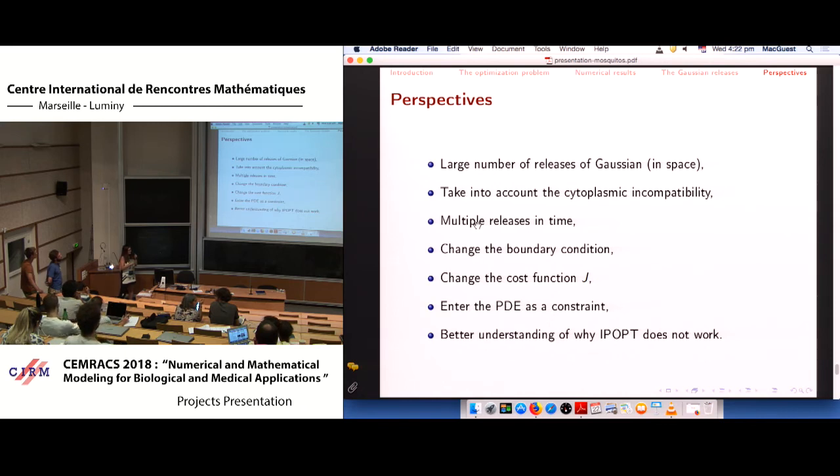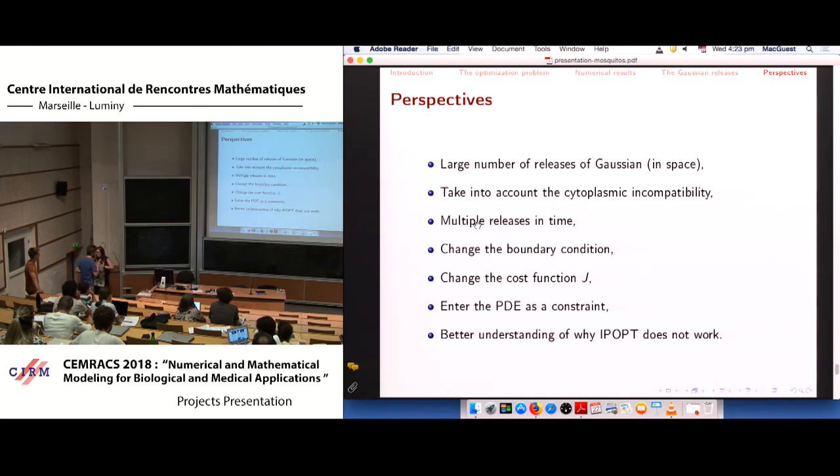A second perspective will be to take into account the cytoplasmic incompatibility, because here we assume that all the offspring of an infected female and a non-infected male will die, and this is not really the case. There is a small proportion of eggs that can hatch, and we know that we have to take it into account in our numerical results, but we have already coded this, so this is just for research.